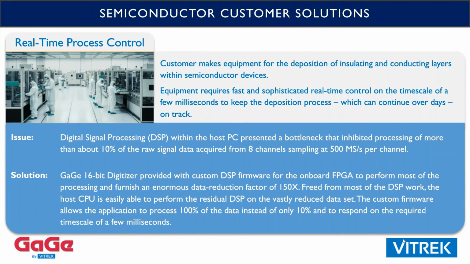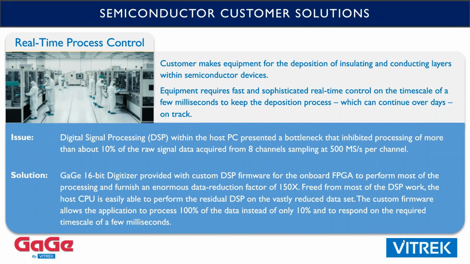By doing that, we reduced the processing load on the host CPU. It had to deal with 150 times less data, and the burden of this pre-processing step was alleviated. So they were able to go from consuming and processing only 10% of the data to consuming 100% of the data, and that was able to work in their control loop.